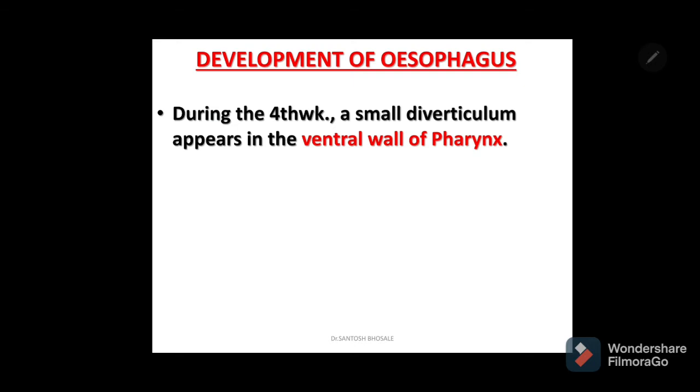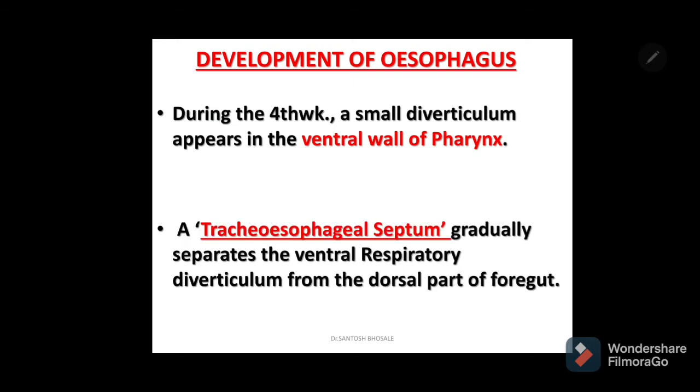So let us see the development of esophagus in detail. During the fourth week, what happens? A small endodermal diverticulum appears in the ventral wall of the pharynx, that is known as the laryngotracheal diverticulum, and a septum gradually separates the respiratory diverticulum from the dorsal part of the foregut.